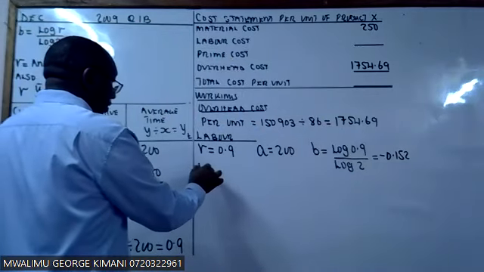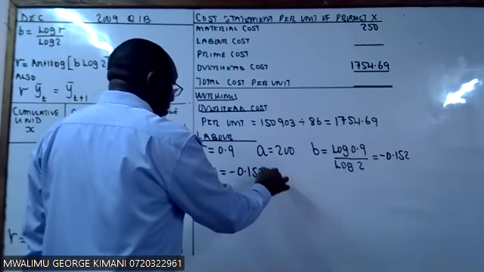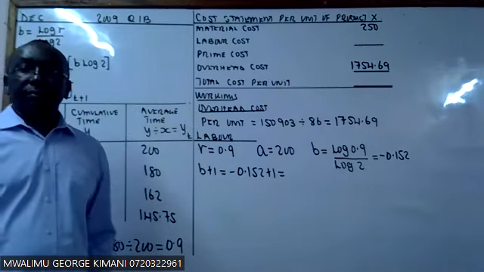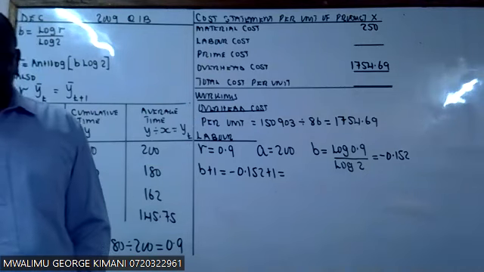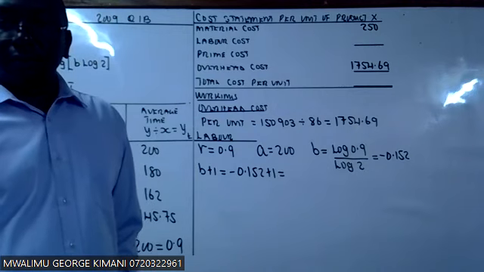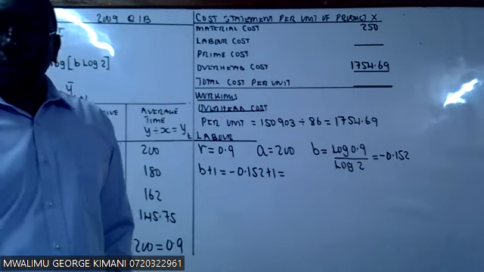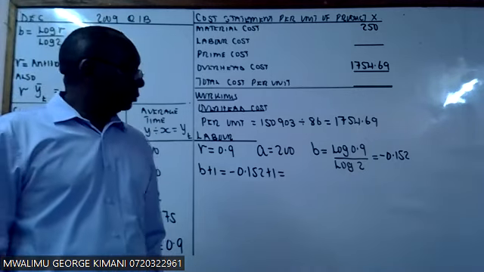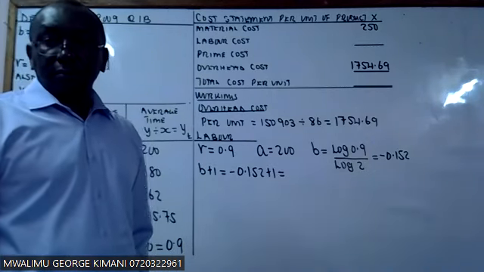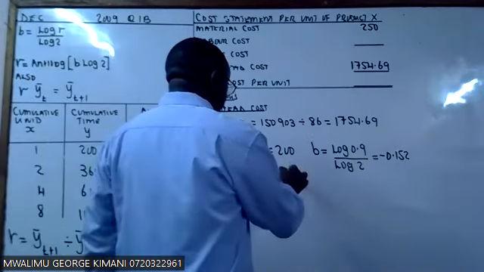So B plus 1, that is the fourth thing, will be minus 0.152 plus 1. Give me that answer again. 0.848.